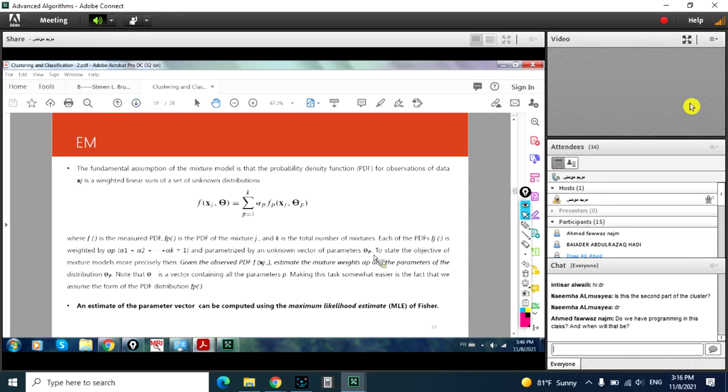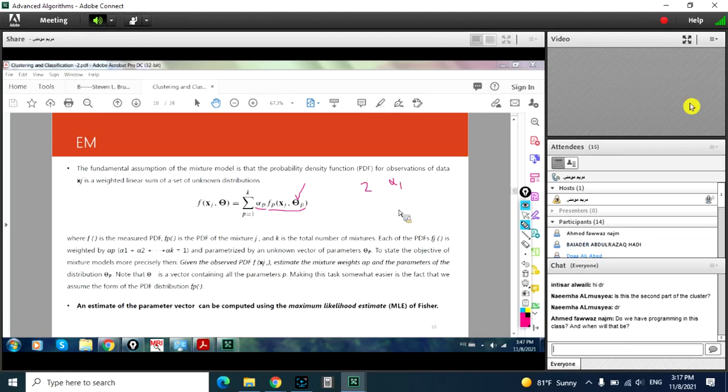Then totally, if we want to review this Gaussian mixture model, we considered the Gaussian distribution for data, and for the Gaussian we have some parameters. We call it theta. Theta contains the mean and variance, and then we weighted these distributions. For example, for this example, we have two classes.